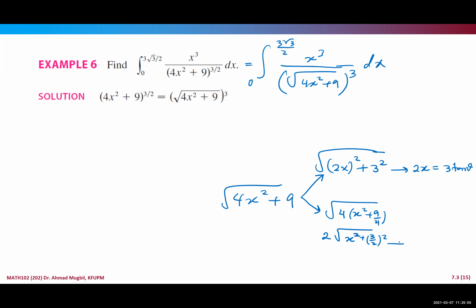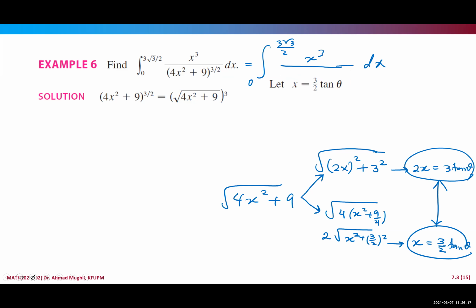You will put now here the substitution, x equals to what? 3 over 2 tan theta. And I think they are equivalent, clearly. But I think this is easier from the beginning. Okay, but you may forget something if you didn't do that. Good. Khalas, if you realize that, you will use this substitution.